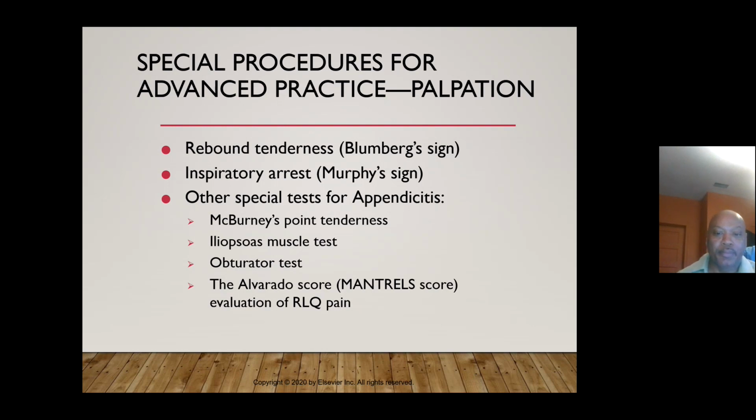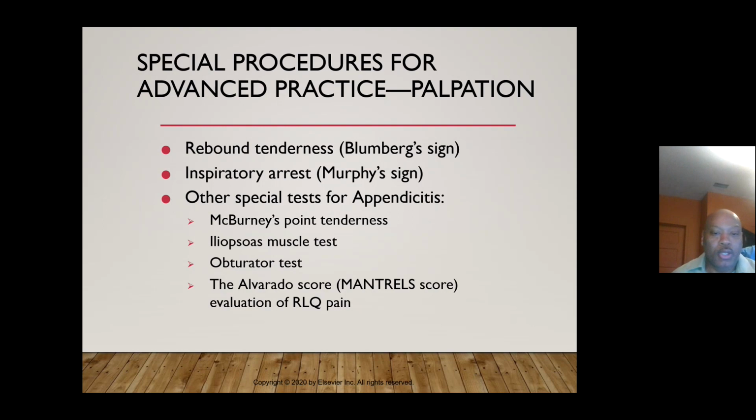There's also an assessment called the inspiratory arrest or Murphy sign. This is also another term that is very important to know with appendicitis. So normally palpating the liver causes no pain. Now, in a person with inflammation of the gallbladder, for example, cholecystitis, pain can occur.